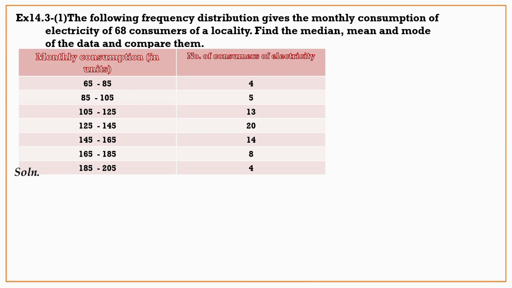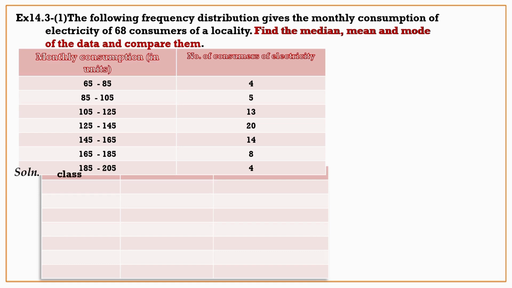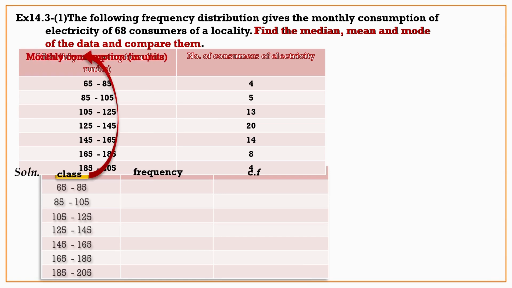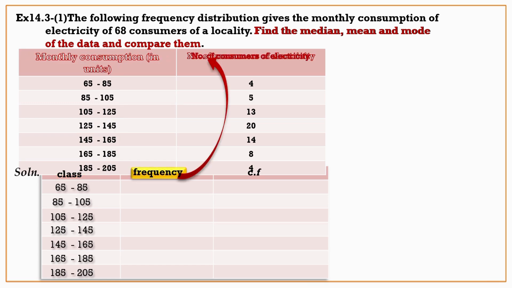So monthly consumption is given and also the number of consumers is given in the table. So let's first find the median. First we need to copy the class interval, then copy the frequency and then find the CF, that is the cumulative frequency. Here also we can see that the class interval is continuous.